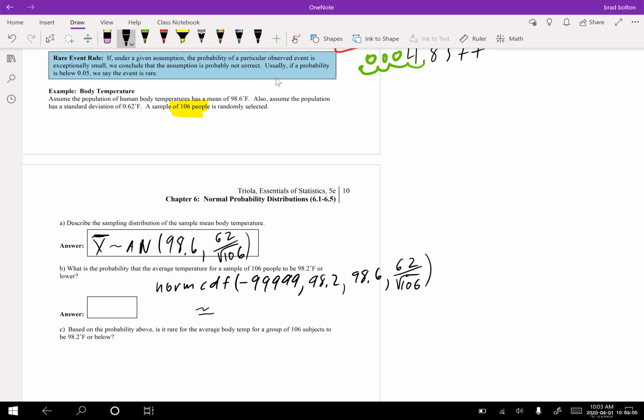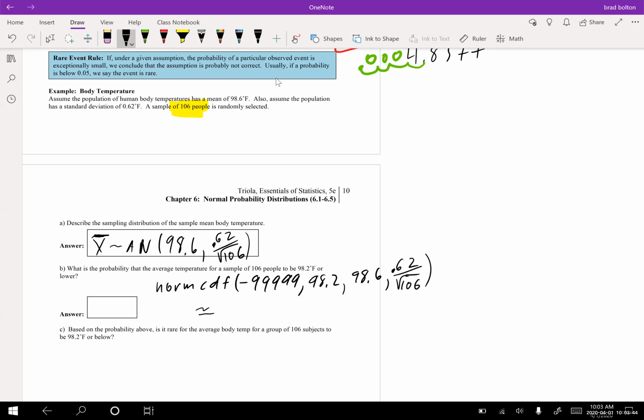Okay, so second vars, normal CDF. Did I write this correctly? Oh, it's 0.62, not 62. Sorry about that, guys. I was getting about a 50% chance, and because of my guess, I know that can't be right. I know it should be a very small number because of the likelihood of this happening. So in this case, my guess saved me from making a mistake.